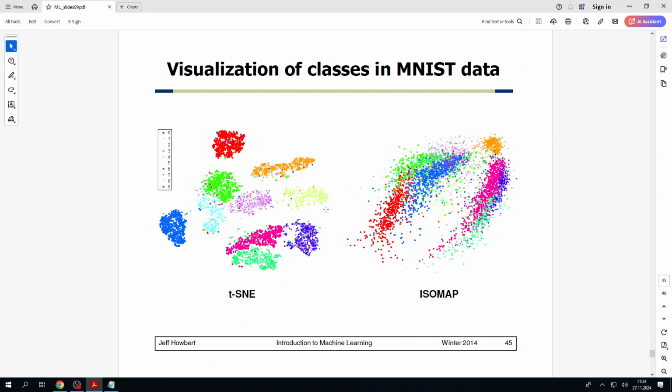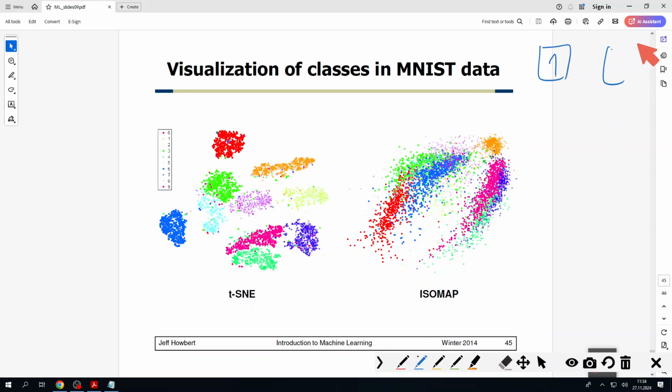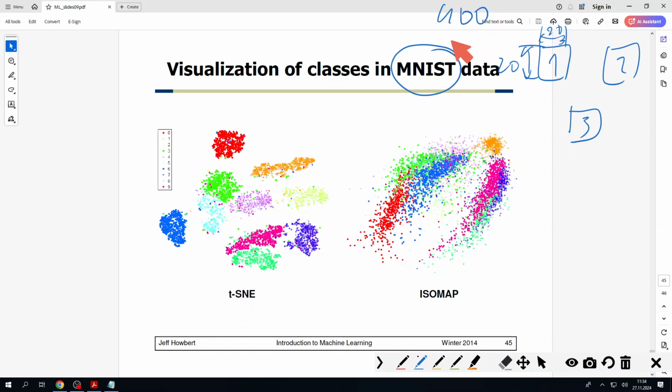Here you can see how we have converted into 2 dimensions our handwritten digits like 1 or 2 or 3, which is called the MNIST dataset, which we were using. And we have 20 by 20 pixels, so that is a total of 400 pixels for each picture, and we convert that into a 2-dimensional picture. So you convert 400 pixels into 2 numbers, yes?